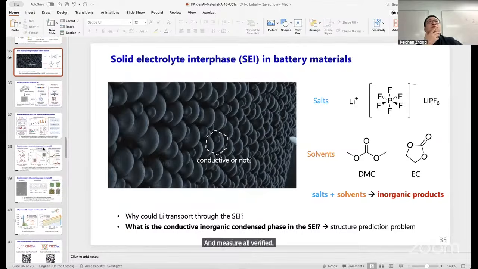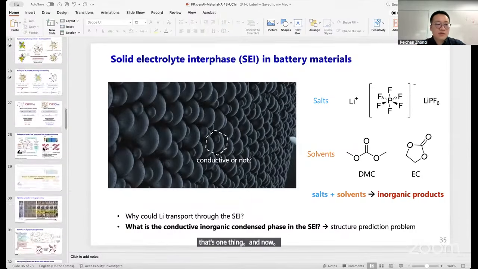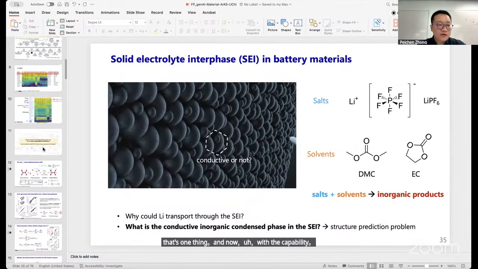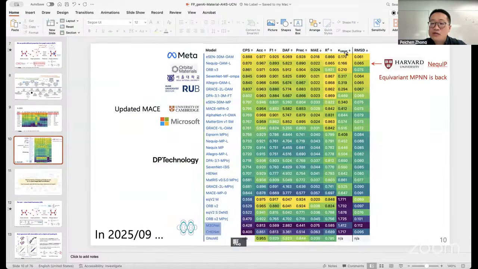I see. As I mentioned before, for materials discovery, people first care about thermodynamic stability. That's one thing. And now, with the capability of the foundation potential, for example, KSRME is one way people evaluate the phonon entropy. Basically, you can calculate the contribution from the phonon or the vibration to the free energy.